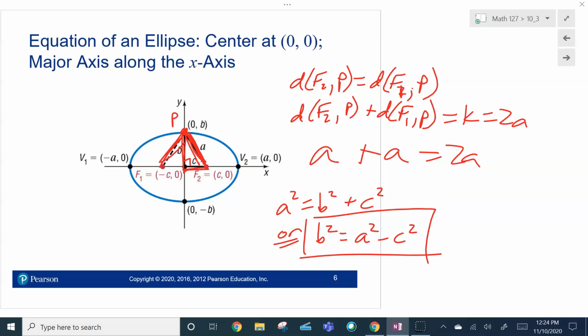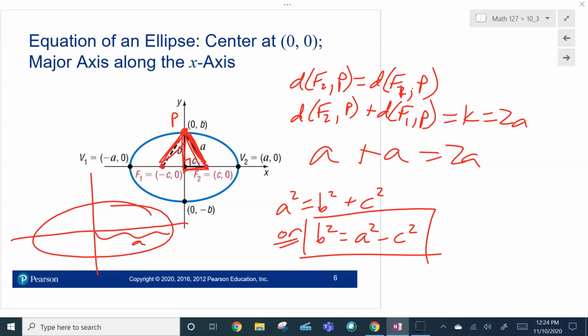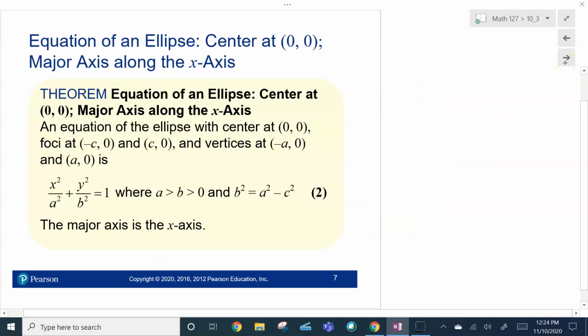And remember, in an ellipse with the center at the origin, this is our distance a out to a vertex. Our co-vertex distance out on that minor axis is b, and then the distance out to our focus is c. Okay, try and keep those straight.